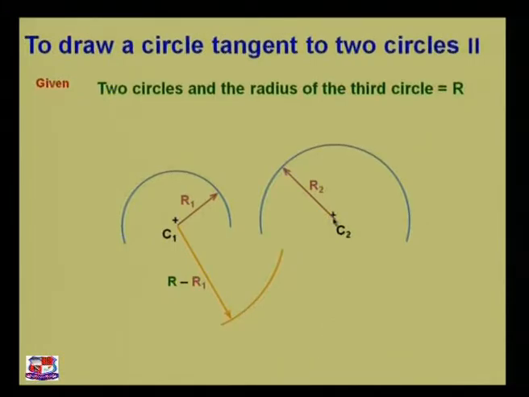Next, putting the center at C2, we take r minus r2. If my r is 35 mm and r2 is 10 mm, then the radius would be 25 mm.